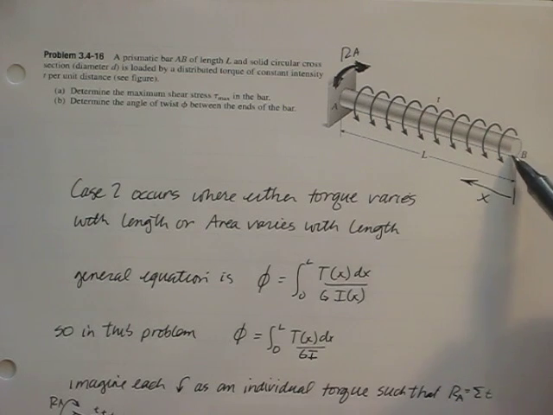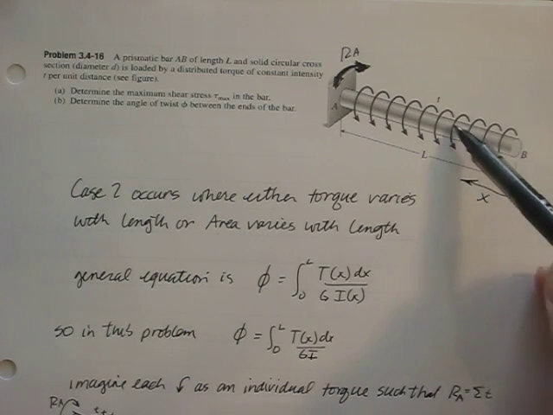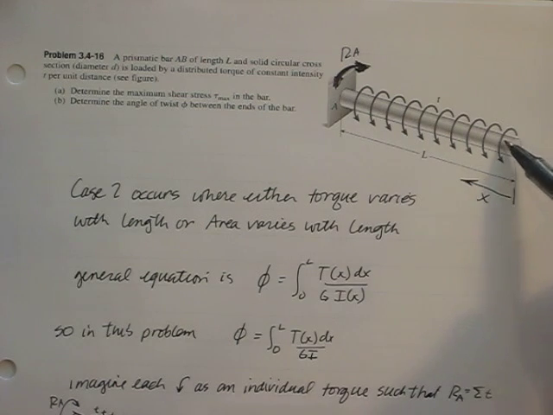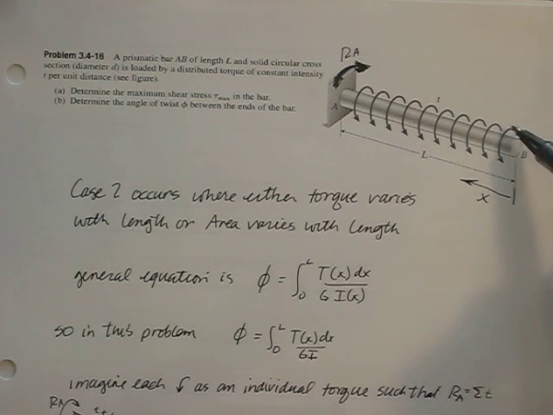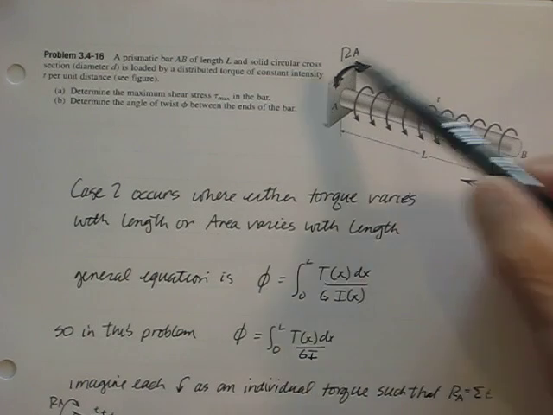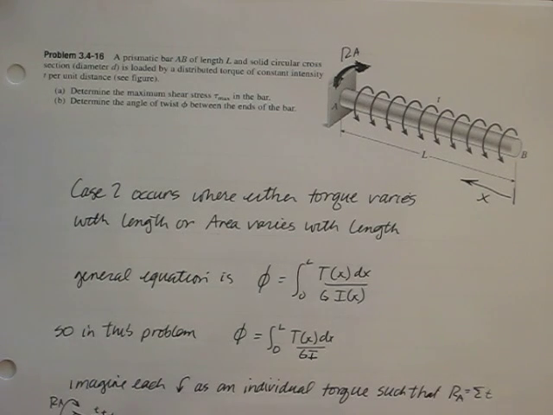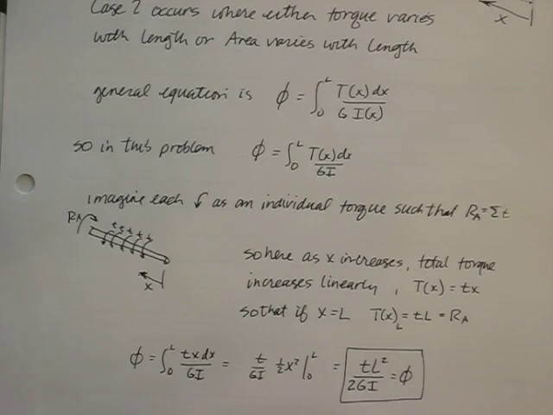So we can say that as x gets bigger, the total torque is the sum of those things, such that the reaction here is actually t times L. And at any point along the line, the total torque is t, meaning some number of Newton meters per length, multiplied by the length, you'd get the total torque in Newton meters or foot-pounds or whatever it is. Okay, so play with that in your head a little bit and make sure you understand that.